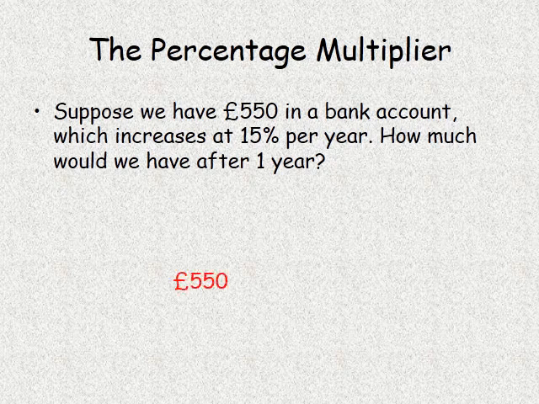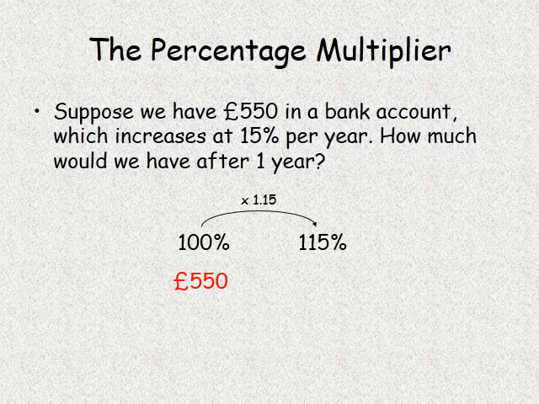So we have the 550, which, if you like, is 100%, the whole of that value. And we can also say it's 1. It has a value of 1. And then after 1 year we received 15%, so we now have 115%. Okay, and what we do is we put 115 divided by 100 is 1.15.